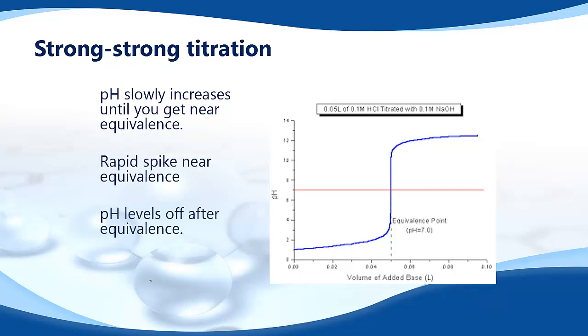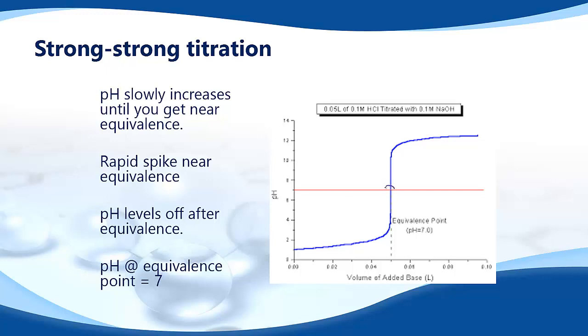And afterwards, you're going to see the pH level off because, again, you're adding more base, but you're also adding volume, and the logarithmic feature of pH kind of makes it level off after a little while. The key thing here is that for a strong acid, strong base, the equivalence pH is always going to be 7, right?